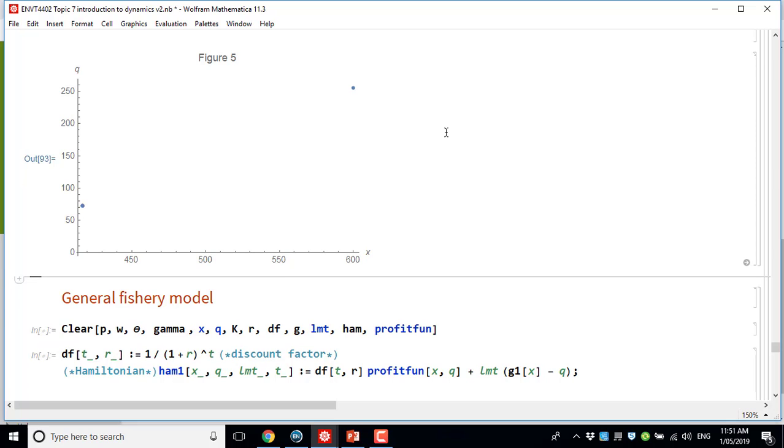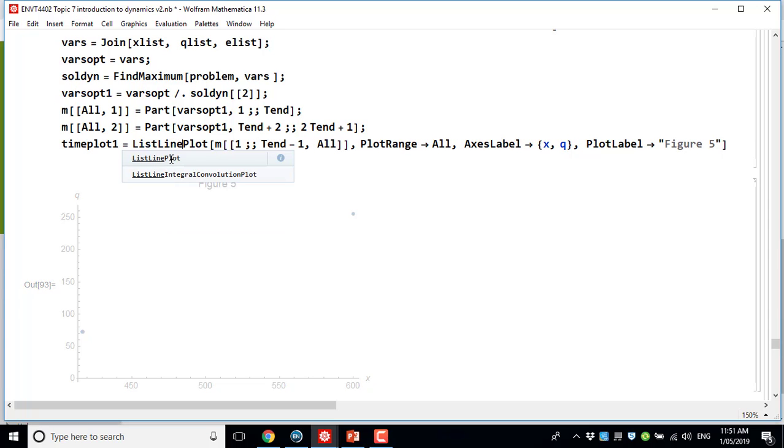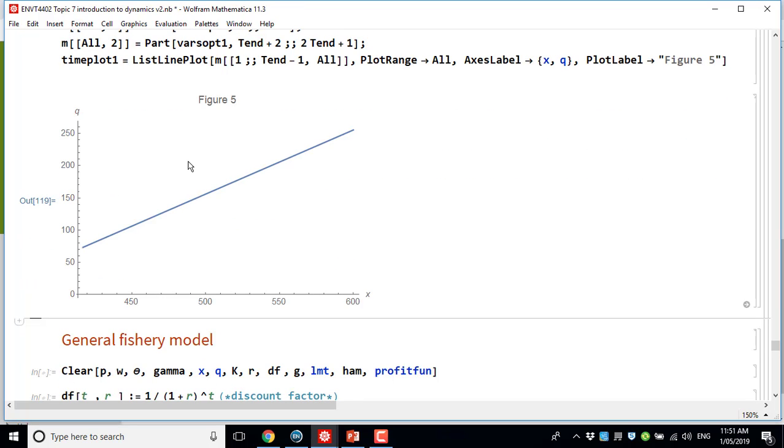We started off here at an initial stock of 600, and the time path for this stock shoots very quickly towards the steady state. And so this is not a fantastic example of doing dynamics, because it's a bit boring.